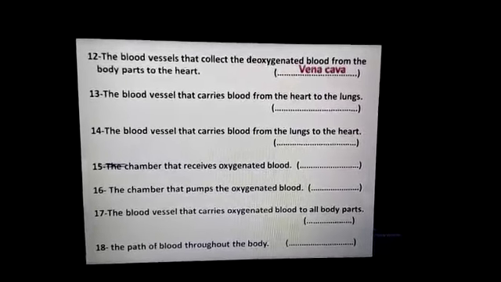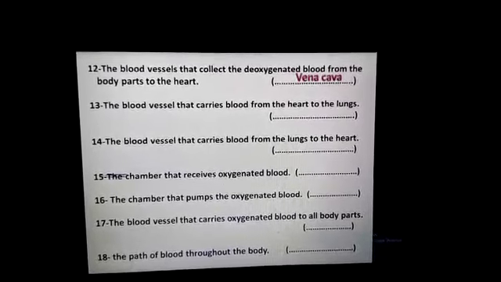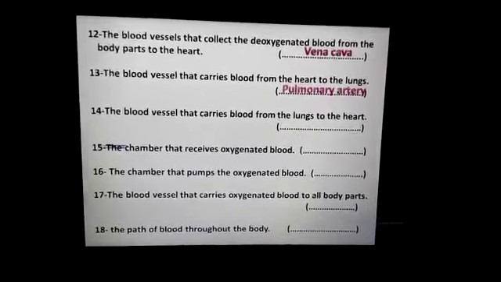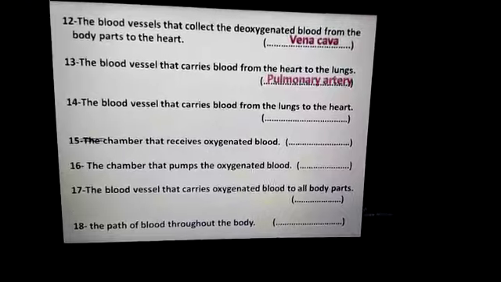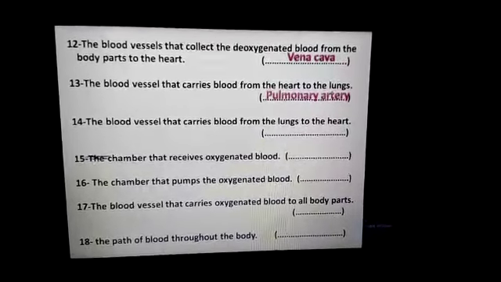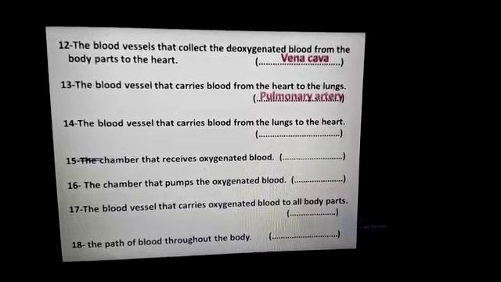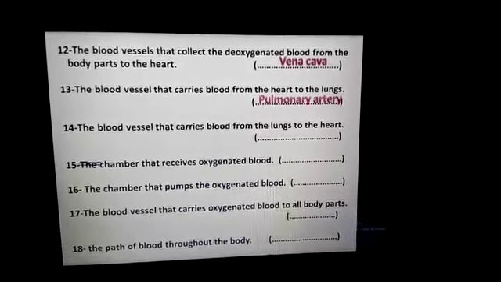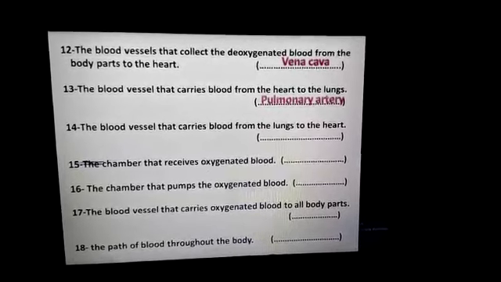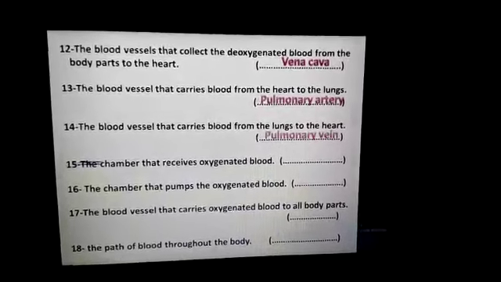And we said before, anything related to the lung is pulmonary. So the vessel will be the pulmonary artery. Number fourteen, the blood vessel that carries blood from the lung to the heart. From the lung to the heart, so this is vein. And lung, so it is pulmonary. So this is the pulmonary vein.